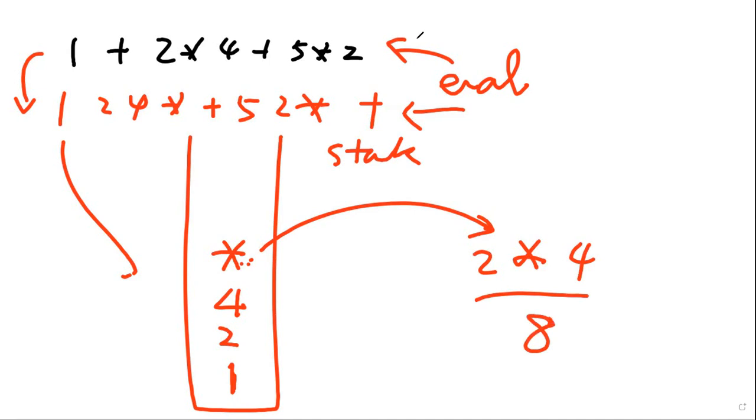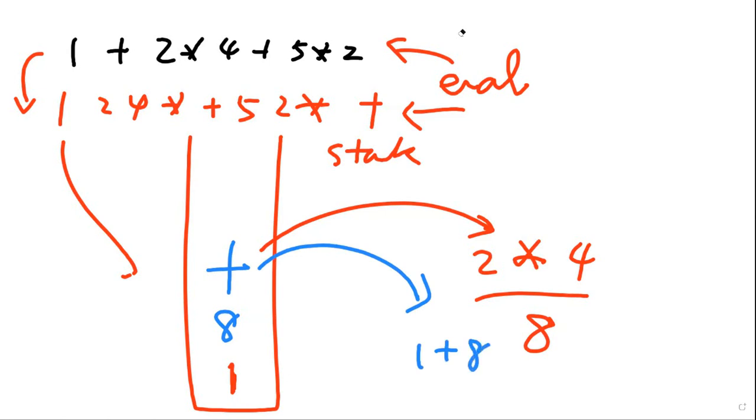Then I erase this 2 and put the 8 back. Then I see a plus. Now I pop out these, it becomes 1 plus 8, so I pop them out and push back a 9.